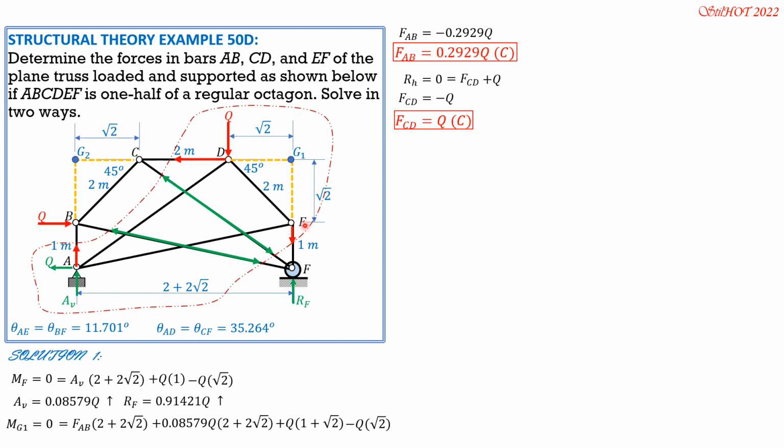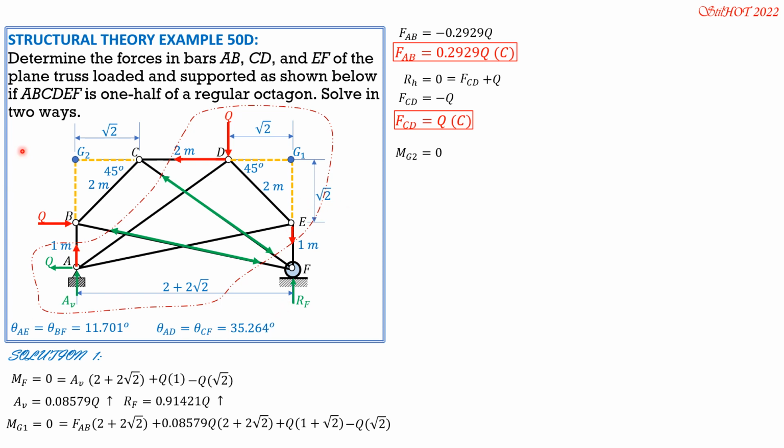Then for FEF, you may sum up forces vertical or moment about G equals 0. Then let's check later if it is in equilibrium, summing up forces vertical.